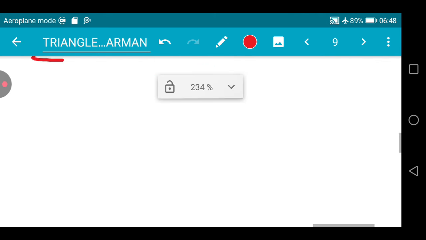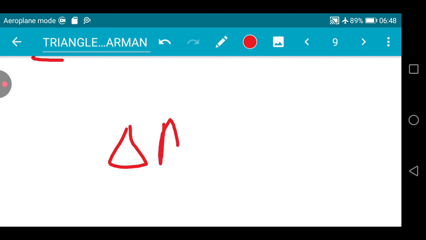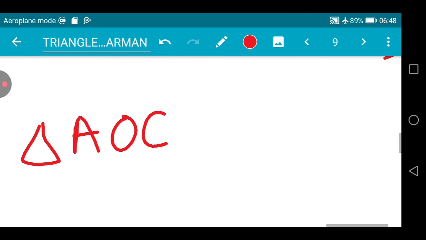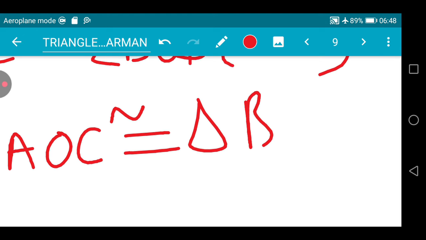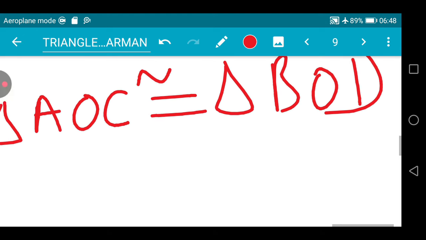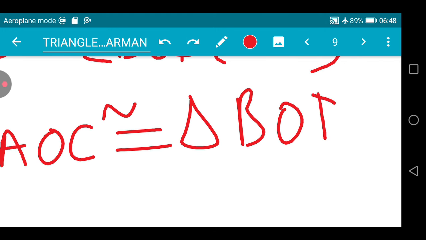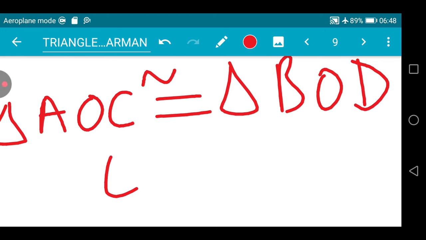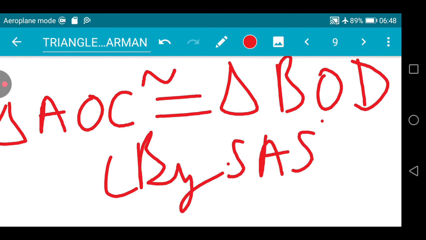So in this way, triangle AOC is congruent to triangle BOD. Now we can directly say by side angle side. But is it good without seeing?